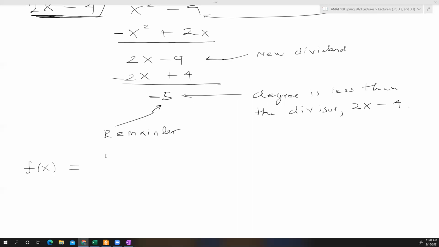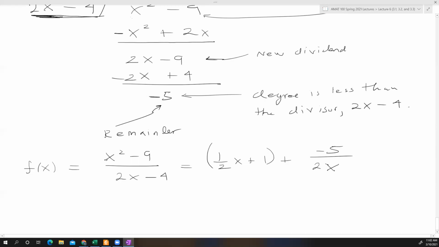It was x squared minus 9 over 2x minus 4. You can write that as 1/2 x plus 1 plus the remainder. So you've got this piece right here, and then you add the remainder divided by the divisor.